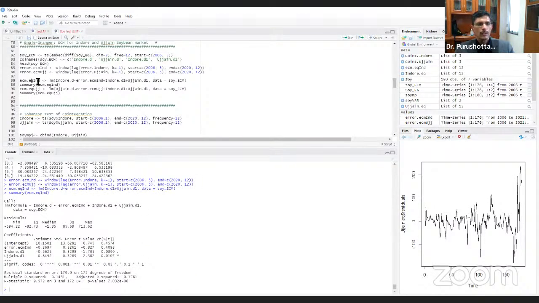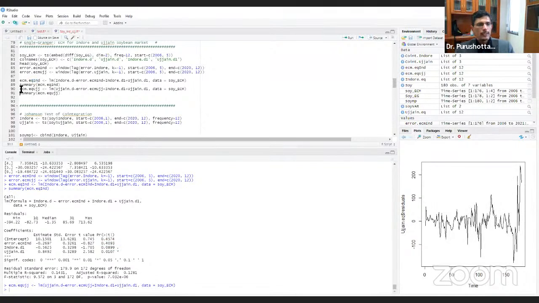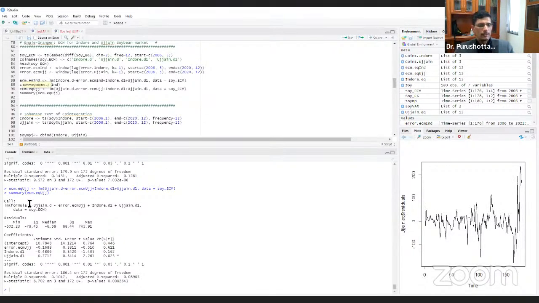So Indore regressed on the Ujjain difference series, this one we are interested in. Okay, as we have seen in the presentation also, though the sign is okay, it should be negative, but the error correction term is not significant for Ujjain as well as for Indore.